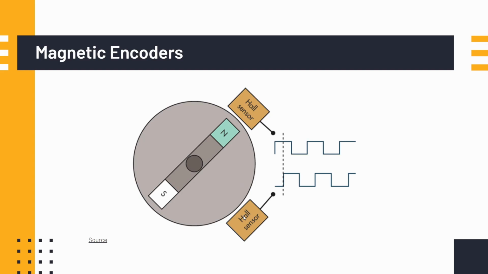So this Hall sensor is now going to read high, and that Hall sensor is going to read low. And so on as it keeps rotating between the two poles, it's going to give you different signals on each of these, and with those signals you can tell which direction the motor is rotating, and based on the frequency of these waves you can tell how fast it's rotating.